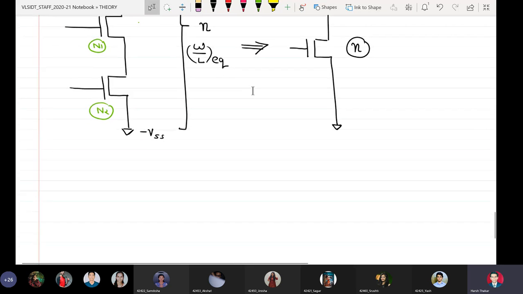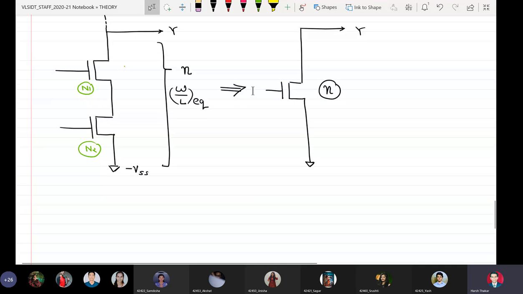So again I repeat, the series connection between two NMOS devices in the circuit should have the same fall time as the fall time of a CMOS inverter, because in a CMOS inverter the pull down strength is equal to small n. That is why the effective W by L ratio of the series connection should also be equal to n. Now for example, I assume that if I use N1 with size n and N2 with size n, let me see what is the equivalent W by L ratio.